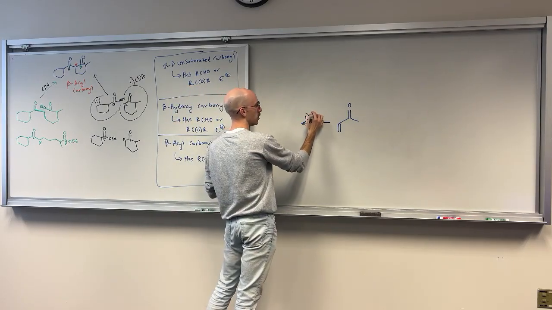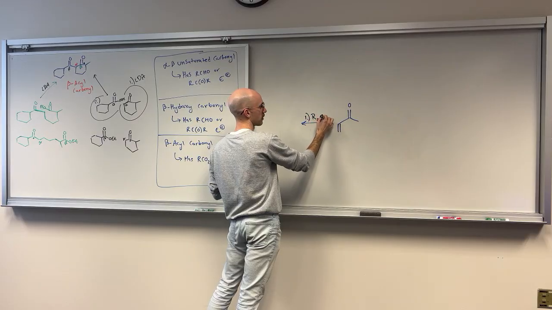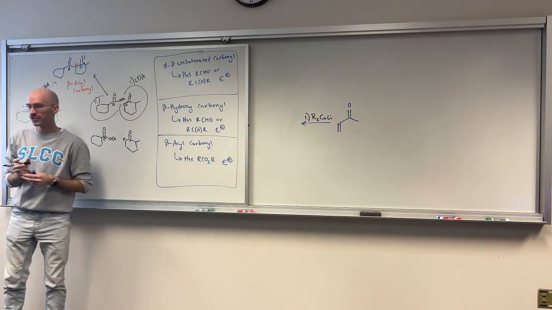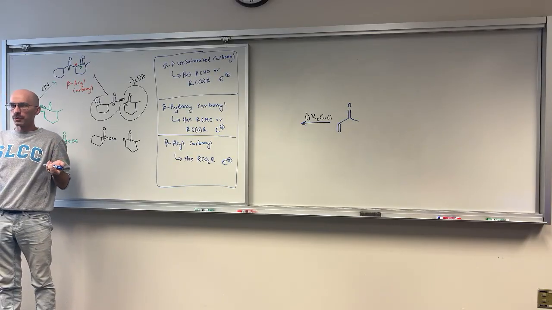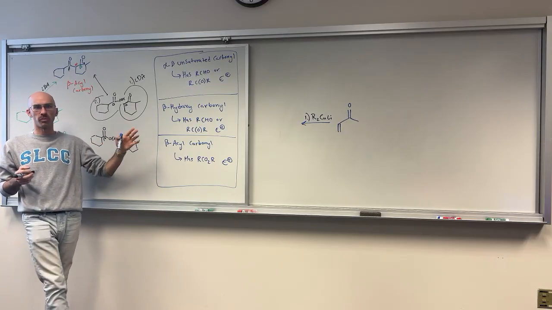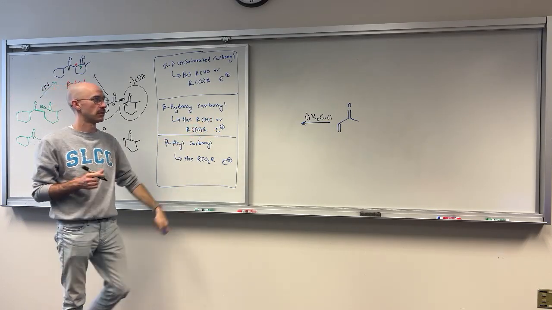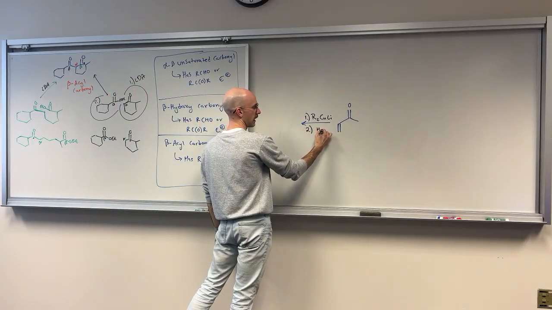First, we introduce a cuprate reagent, R2CuLi. We can make R anything we want it to be. R could be methyl, isopropyl, vinyl, phenyl, benzyl, followed by an aqueous workup.